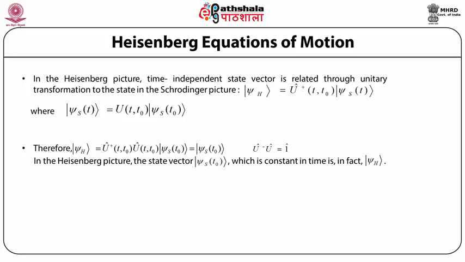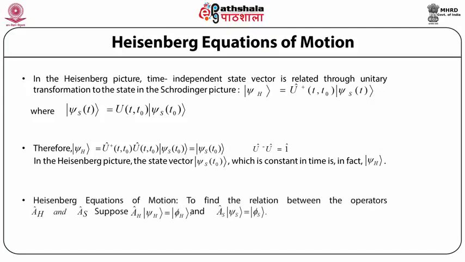Thus, we can see that in the Heisenberg picture, the ket vector psi_S(t0) of the Schrödinger formalism, which is a constant in time, is equal to the ket vector psi_H, the state vector in the Heisenberg formalism. Thus, the Heisenberg equations of motion can be derived from this formalism that we have just discussed.